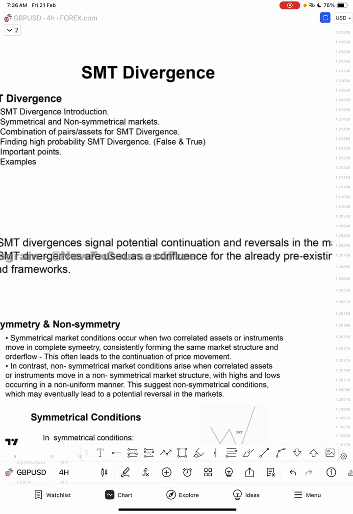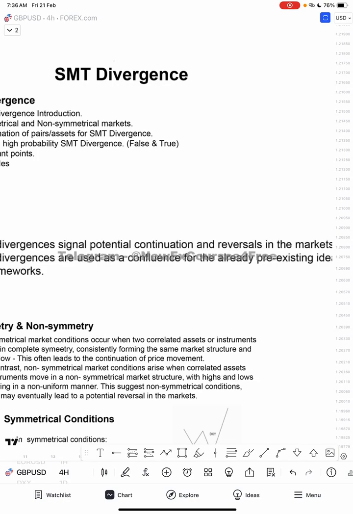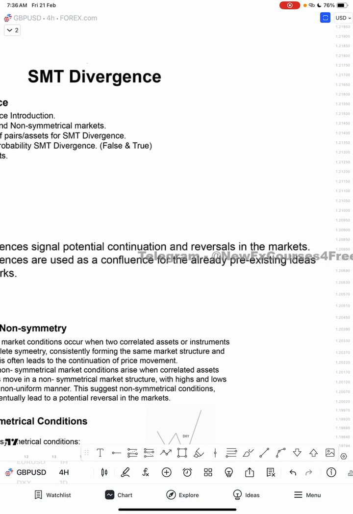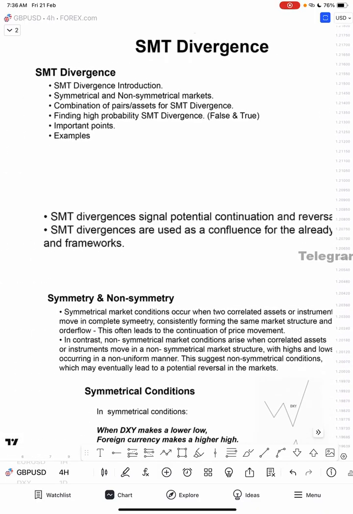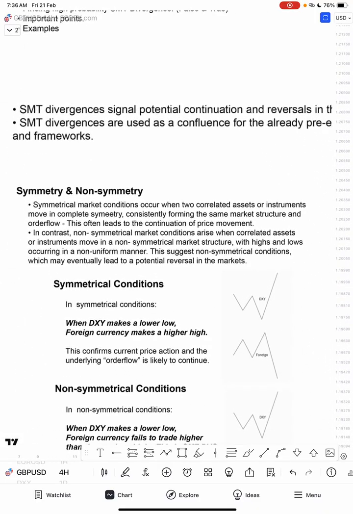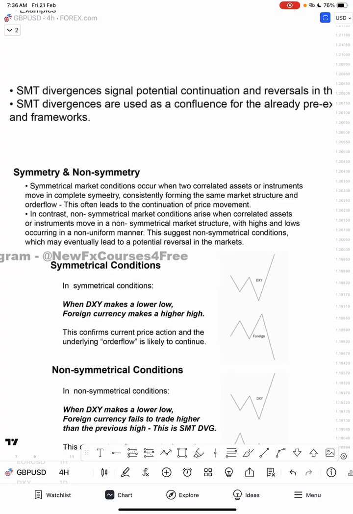SMT divergences are used as a confluence for already pre-existing ideas and frameworks. So these are the types of SMT divergences: symmetrical SMT divergences and non-symmetrical SMT divergences.